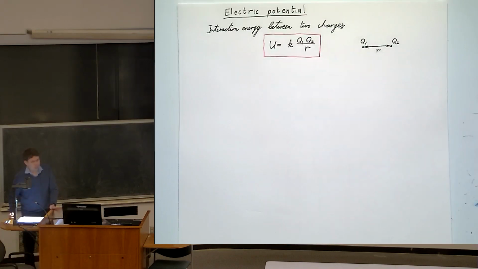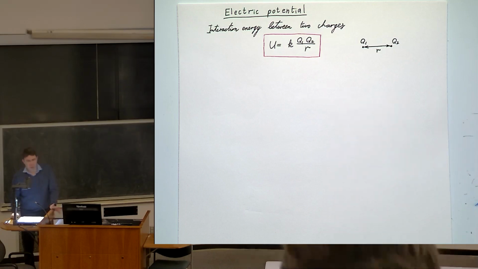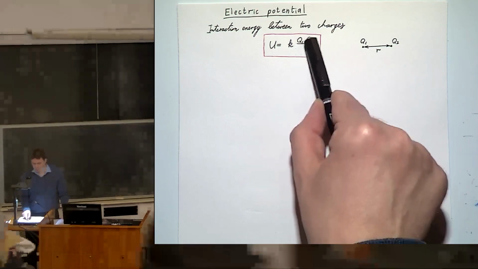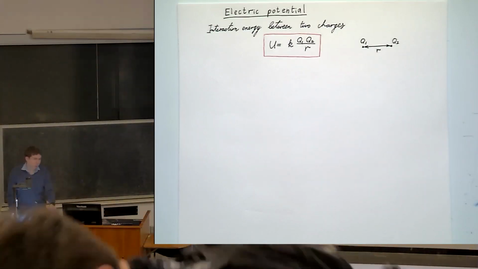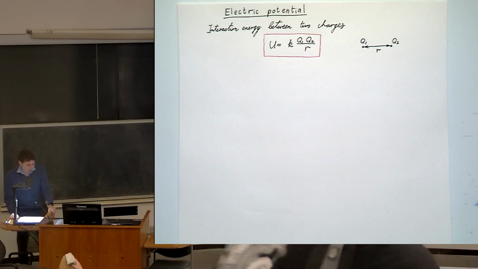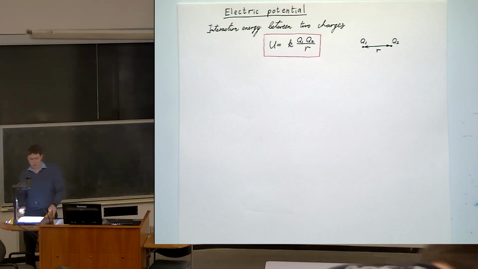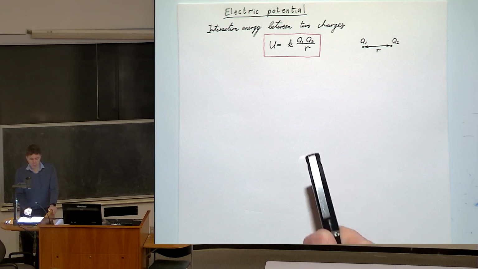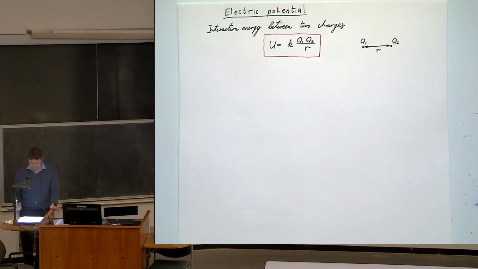K is the same constant that we have in Coulomb's law, and to an extent it resembles Coulomb's law, except we have the first power of r in the denominator and not r squared. Depending on the sign of the charges, this energy can be positive or negative. So this equation applies to all signs of charges. Does that make sense? Are there any questions so far?